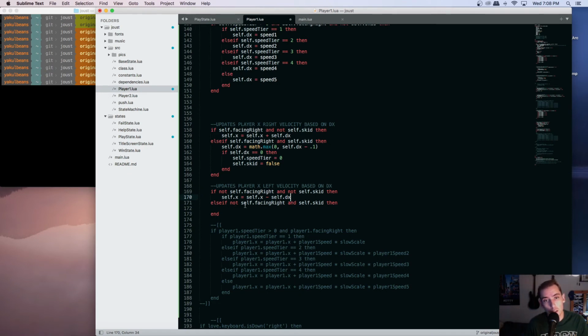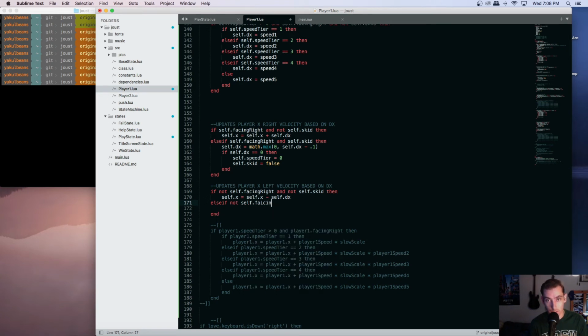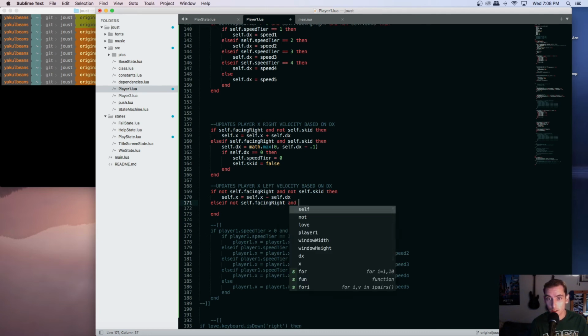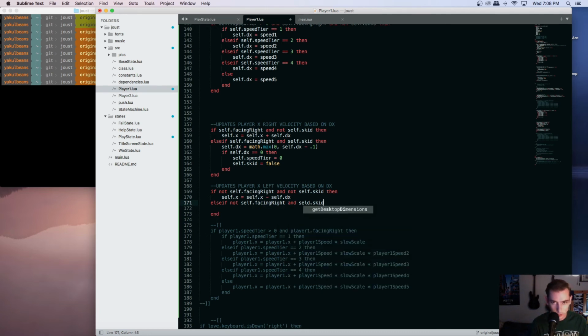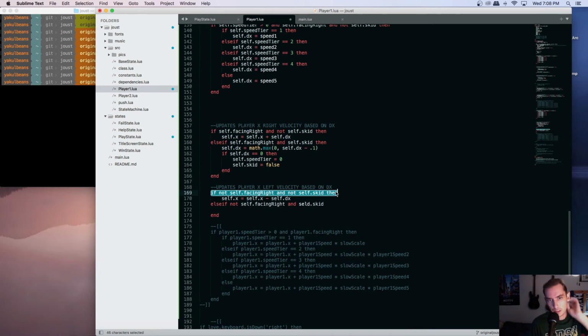Then else if, holy crap, you guys. Else if not self dot facing right and... so this line of code is saying, if it's not skidding, then just give it its leftward velocity.